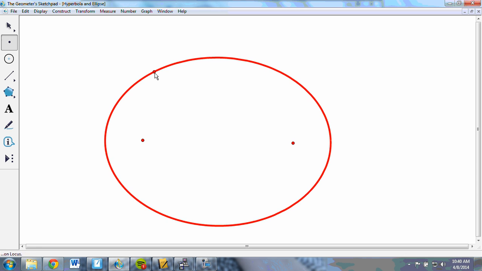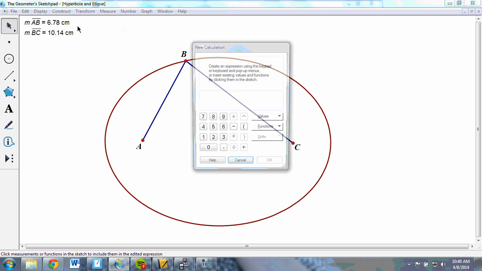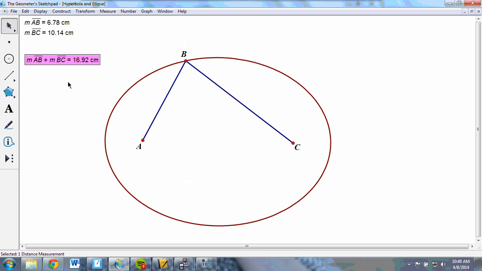If I take any point and randomly put it on the edge of this ellipse, so this point can slide around my ellipse, and I make this segment here, and this segment here, and I measure both of these lengths. That length is 6.78. That length is 10.14. And if I take those lengths and add them up, that length plus that length, it's 16.92.